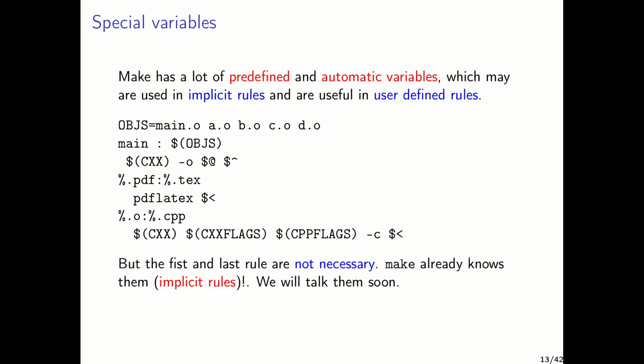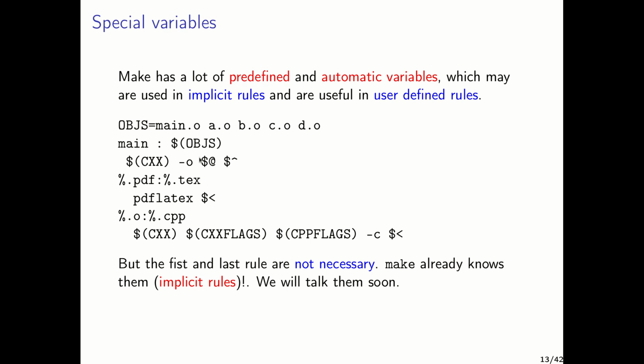Then we have a lot of predefined and automatic variables, which may be used in what are called implicit rules and in user-defined rules. We are going to discuss implicit rules and user-defined rules in a while. For instance, let's suppose we have this variable that contains main.o, a.o, b.o, and so on. And I want to say that main depends on objects, and I have to use what is contained in CXX, that is normally the C++ compiler, -o, and I have these two strange symbols.